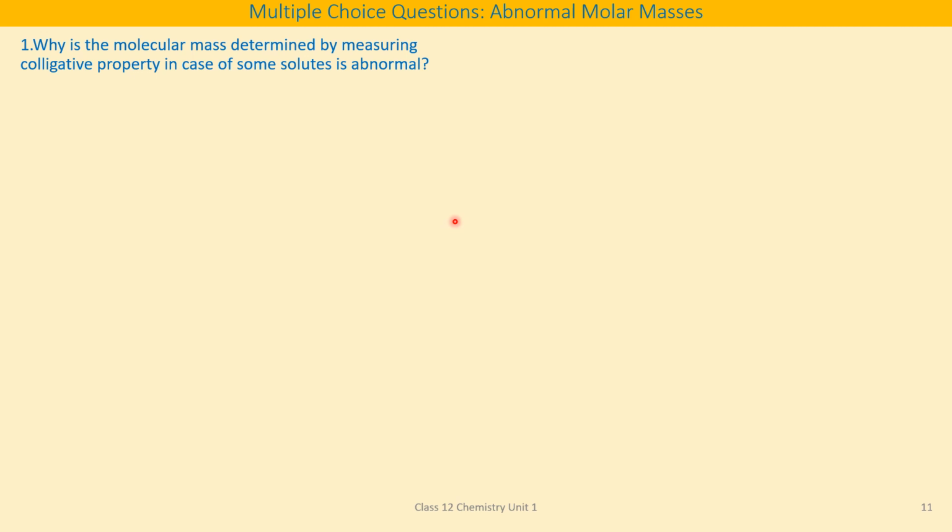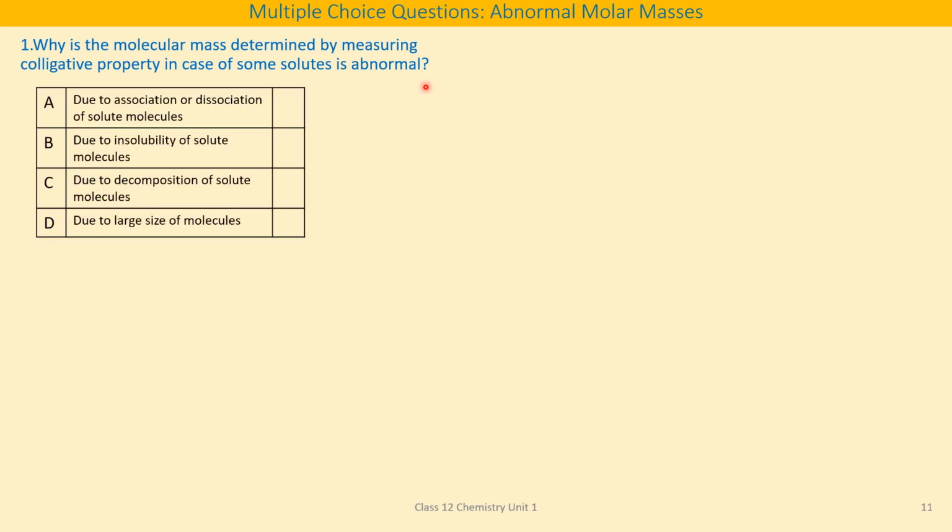Why is the molecular mass determined by measuring colligative property in case of some solutes abnormal? Please read the question once again. Four options are given.